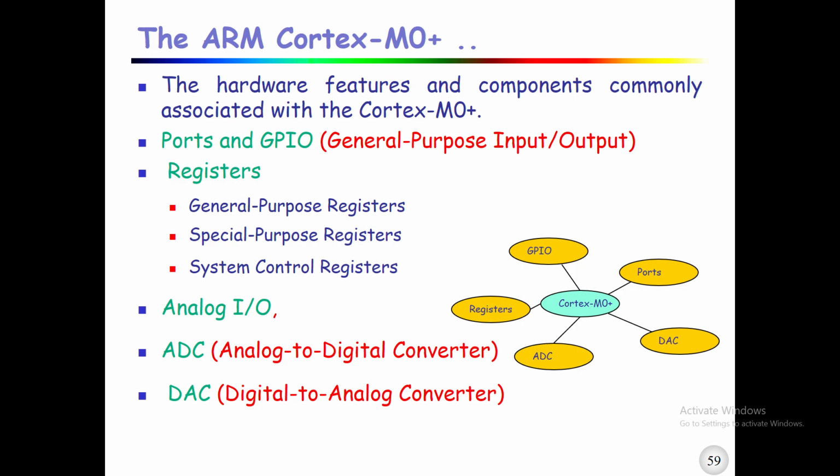The other parts are analog inputs and outputs, analog to digital converters, and digital to analog converters. Those are the very important parts in the general Cortex M0 class. So we have ports, GPIO, registers, analog to digital converters, and digital to analog converters. Those are the very important components of these hardware.